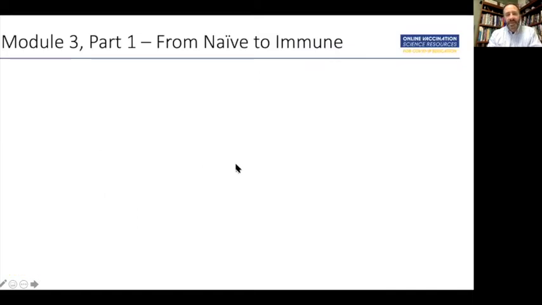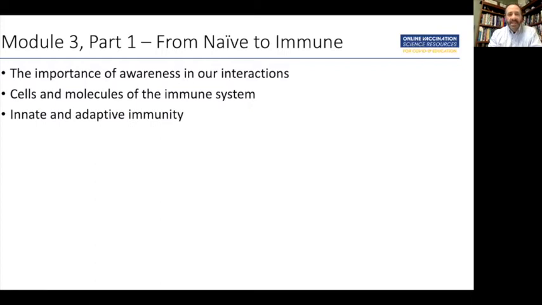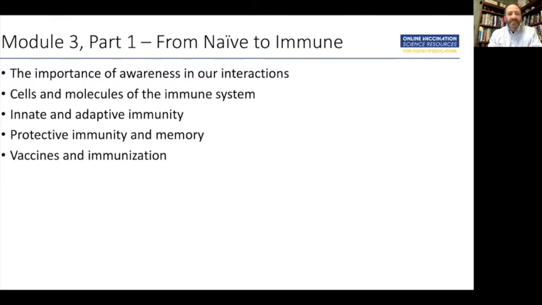In this first video, the first part of the module, which I've titled From Naive to Immune, I'll be looking at the following topics. First, the importance of awareness in our interactions, scaling from the community level down to the cellular level; the cells and molecules of the immune system; innate and adaptive immunity, and the definitions and explanations for how that works in our bodies; protective immunity and memory; and finally, an introduction to vaccines and the process of immunization.